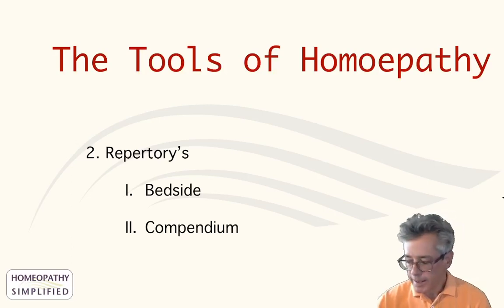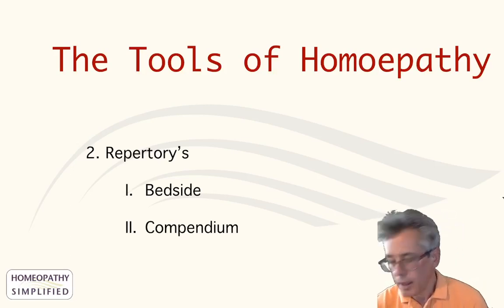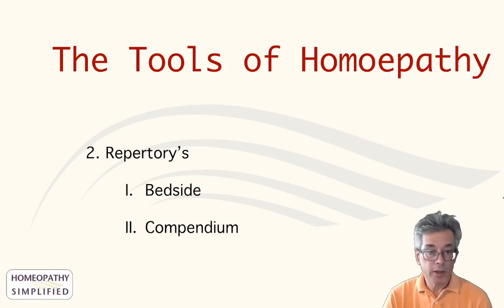So we have bedside repertories that you can refer to quickly for acute issues like coughs, colds, injuries, etc. And then compendiums of repertories for specific pathologies, for instance, maternity care or childhood illnesses, etc.